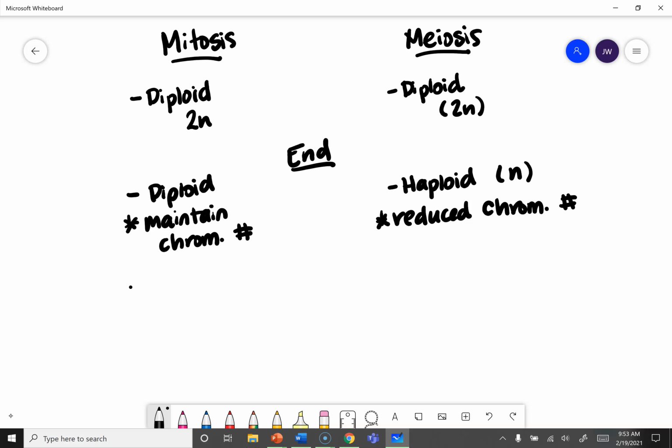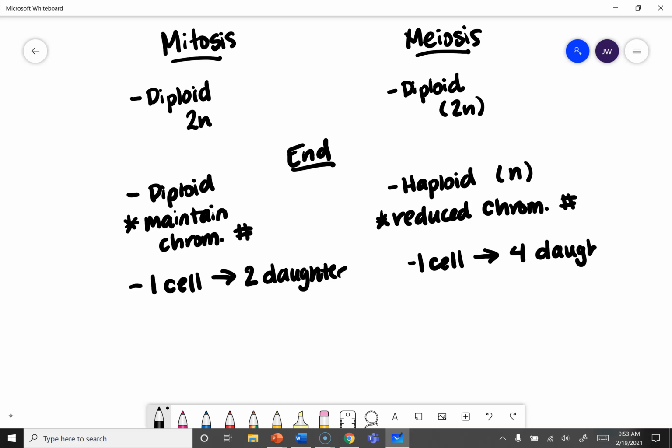In mitosis, we start with one cell and we produce two daughter cells. And in meiosis, we start with one cell and we produce four daughter cells. Now, the reason for this is that reduction in chromosomes. We need a second cell division in order to reduce our chromosome number to haploid. And then one of the most important differences in mitosis and meiosis is that mitosis produces genetically identical cells.